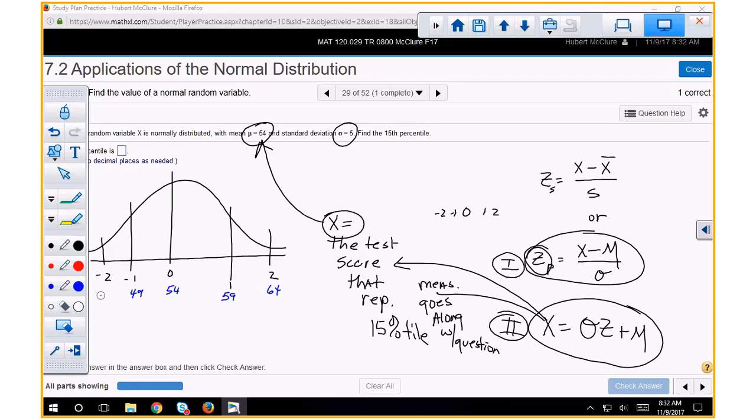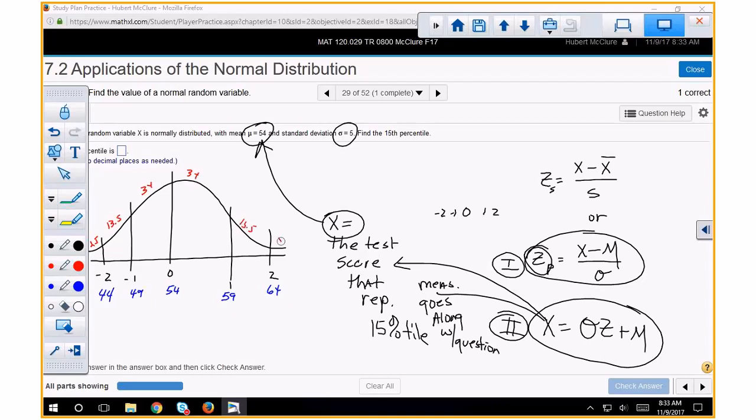And 44. We just want the 15th percentile. Well, if we remember, this is 2.5. This is 13.5. This is 34. This is 34.